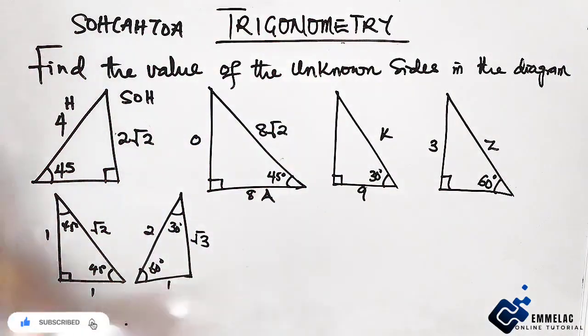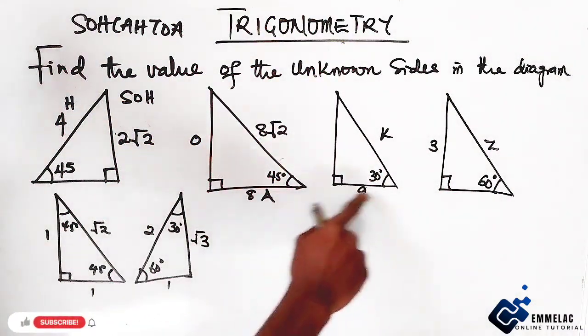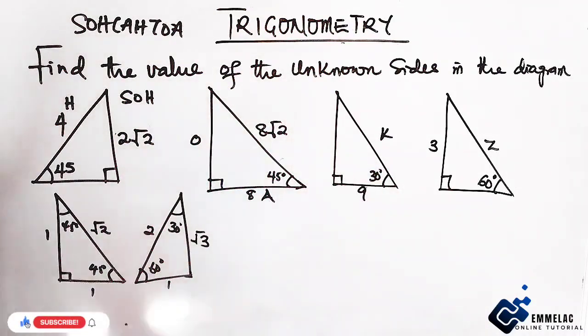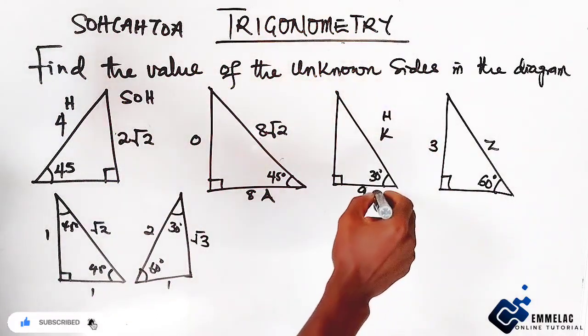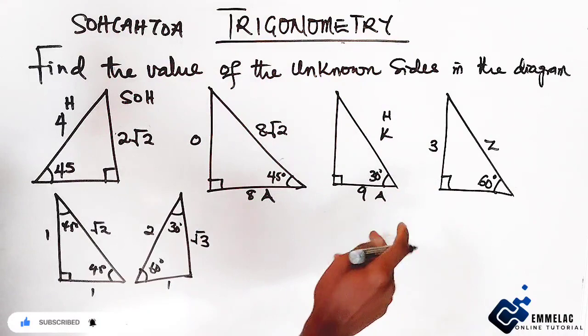For 30 here, you can see that k is our unknown and it's the side facing the angle 90, and the horizontal side adjacent to 30 is our adjacent. This is the hypotenuse.